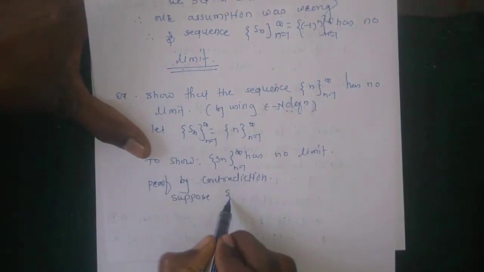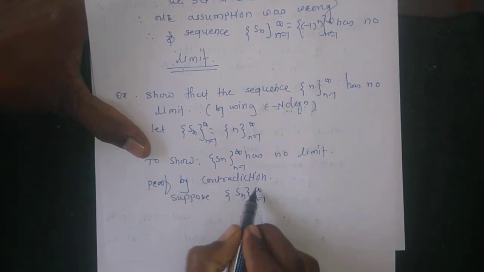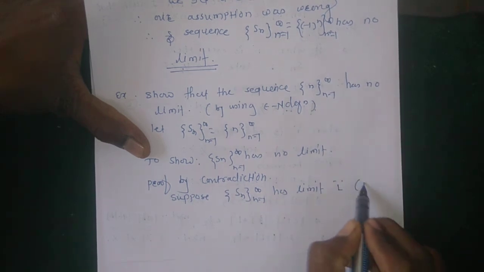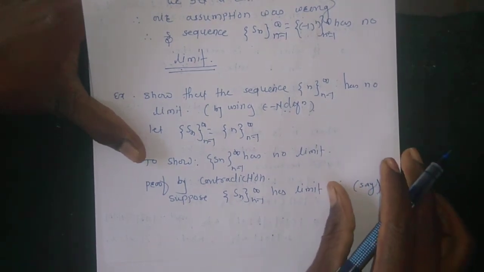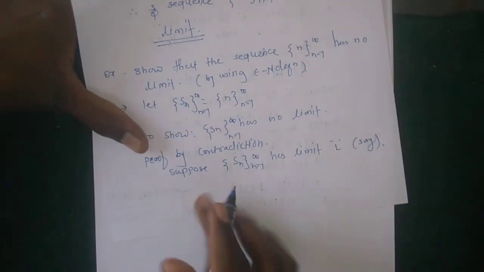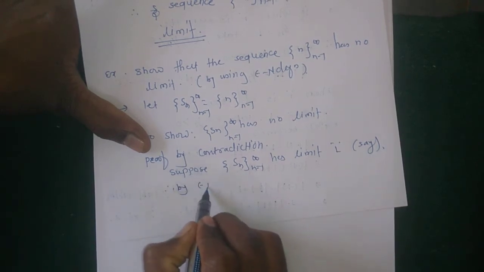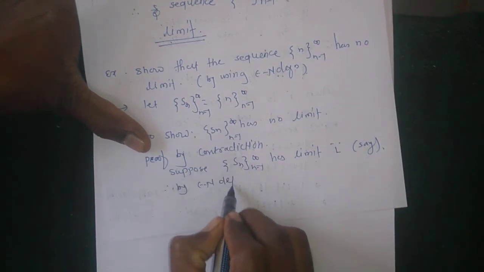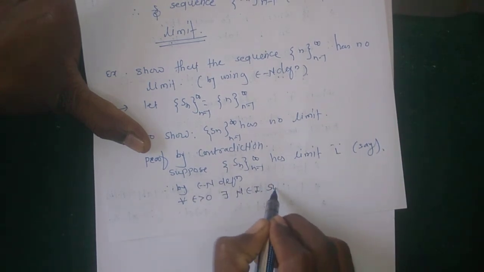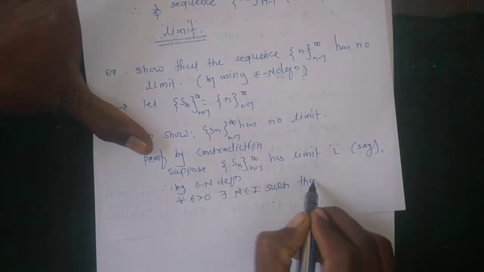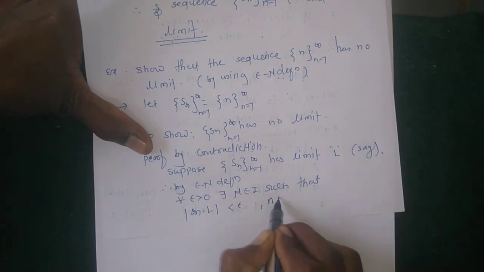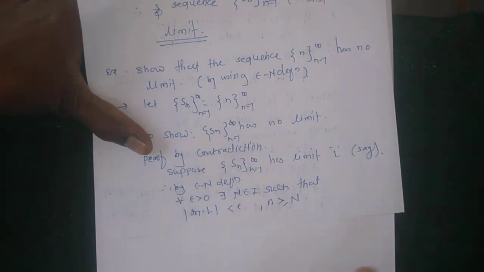Suppose the given sequence Sn has a limit L. Therefore by the epsilon n definition, for all epsilon greater than 0 there exists n belonging to I such that the sequence satisfies the inequality mod Sn minus L is less than epsilon whenever n is greater than or equal to n.